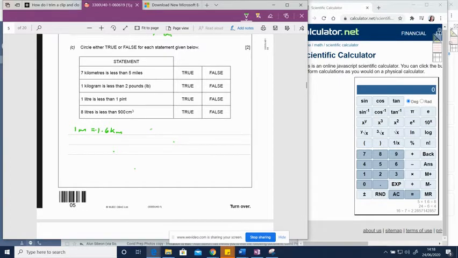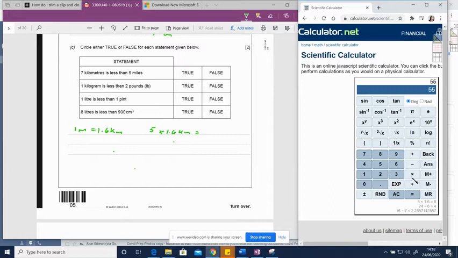So 5 miles is 5 times 1.6 kilometres. Pop that into the calculator. 5 times 1.6, which is equal to 8 kilometres.